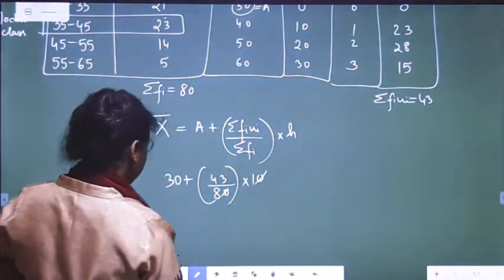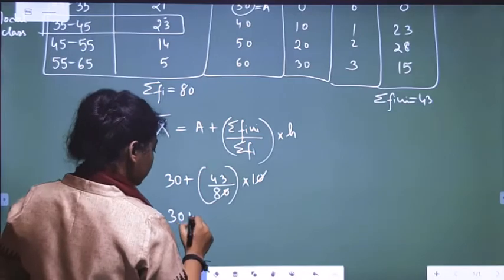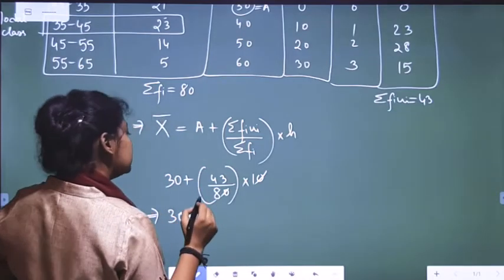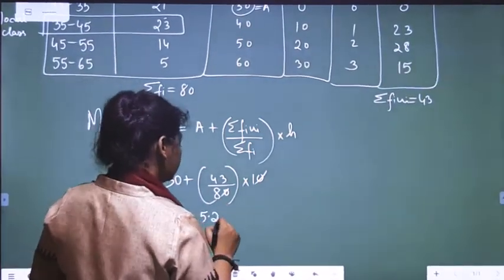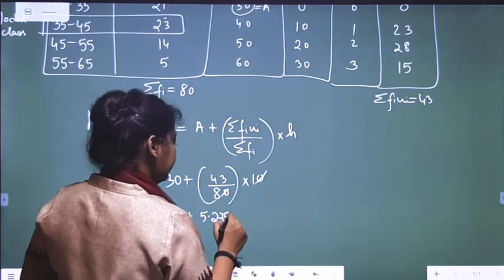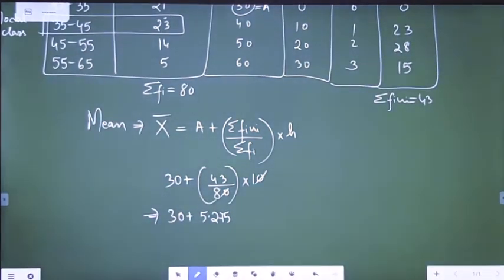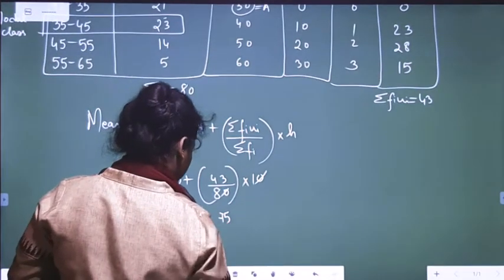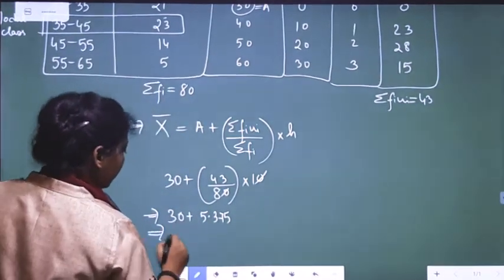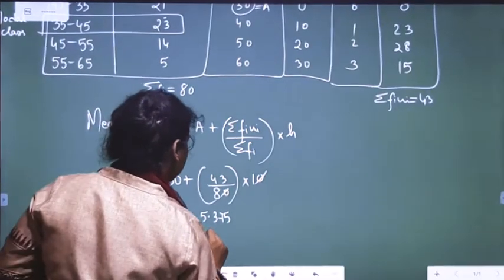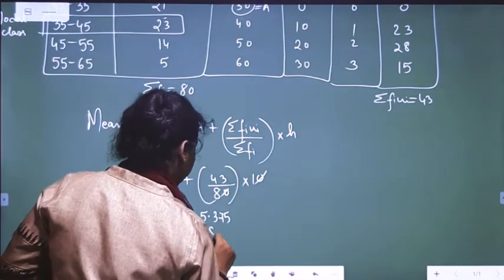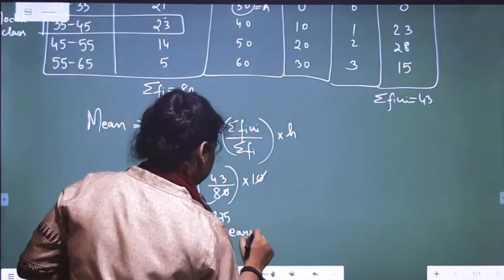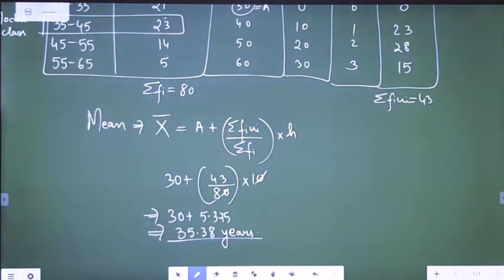So 43 divided by 80 into 10 is around 5.375. So when we add them, we get the value 38 years. This is our mean. So this is how we'll be solving questions related to them.